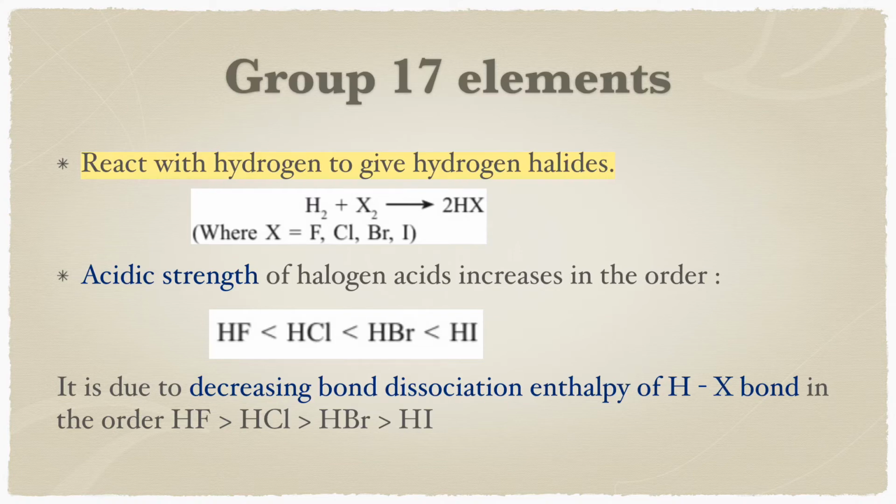As a result, the H is not easily given, because we know that an acid is something that easily gives the H+ ion. So over here HI will easily give the H+ ions. Therefore it is said to be the strongest acid, whereas HF is the weakest acid.